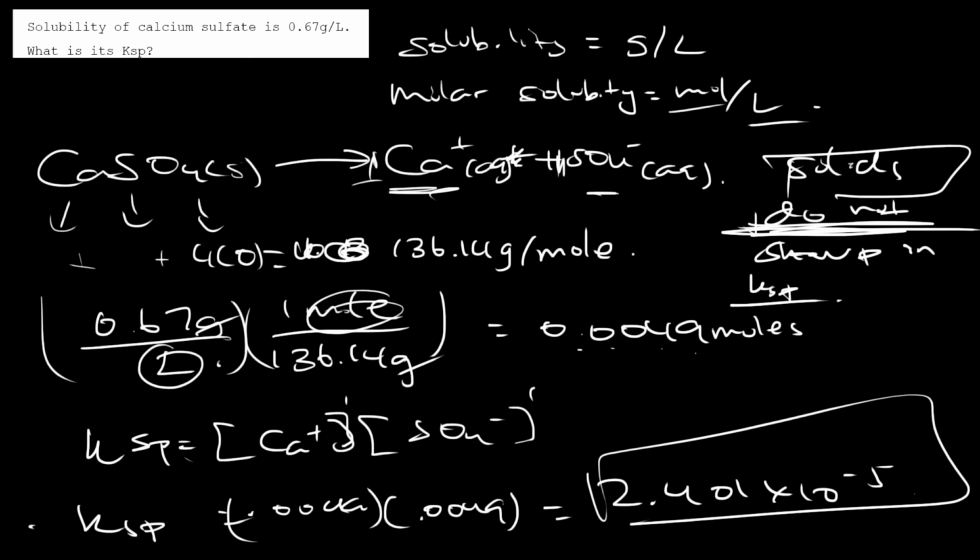Alright, let's try a different problem. This time we're given the Ksp value. I don't know what copper(II) hydroxide is, but I'm assuming it's just CuOH. Just gonna Google it real quick. Yeah, it's Cu(OH)2.